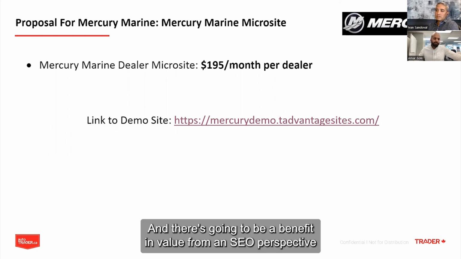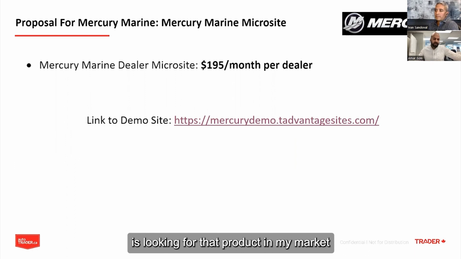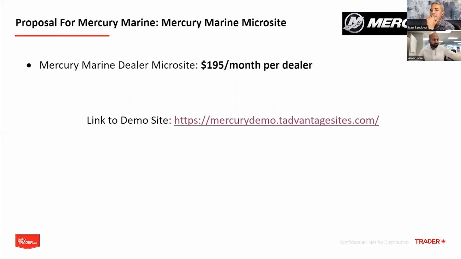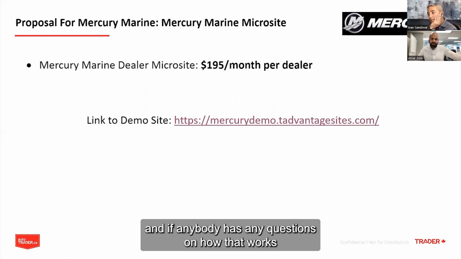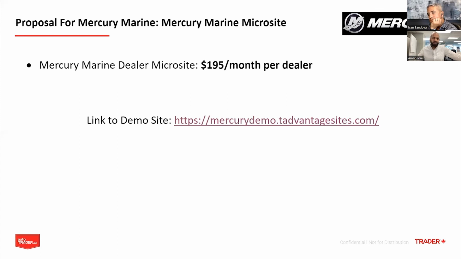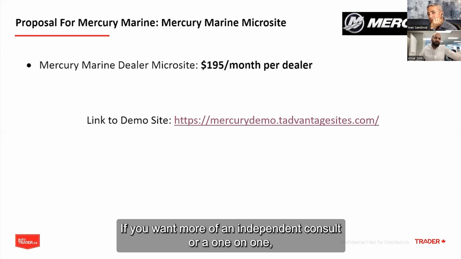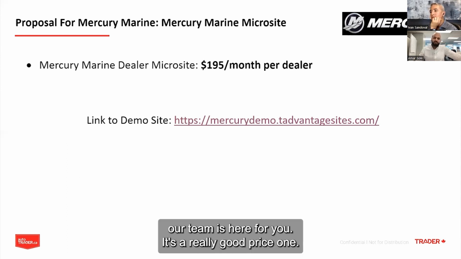And there's going to be a benefit and value from an SEO perspective for someone who is looking for that product in my market. And if anybody has any questions on how that works, because it's a lot as far as the customer journey goes, feel free to drop it in. Yeah, we're happy to share more if you want more of an independent consult or a one-on-one. Our team's here for you.